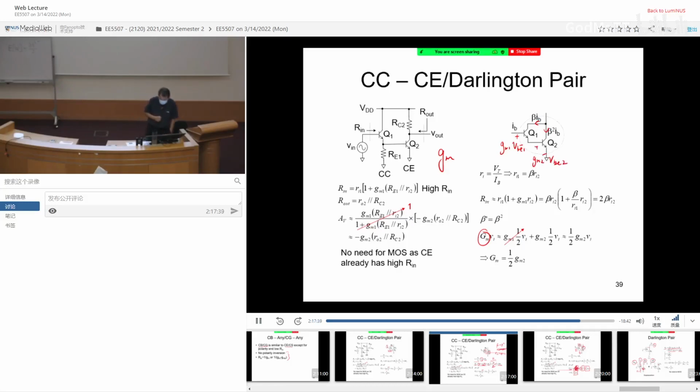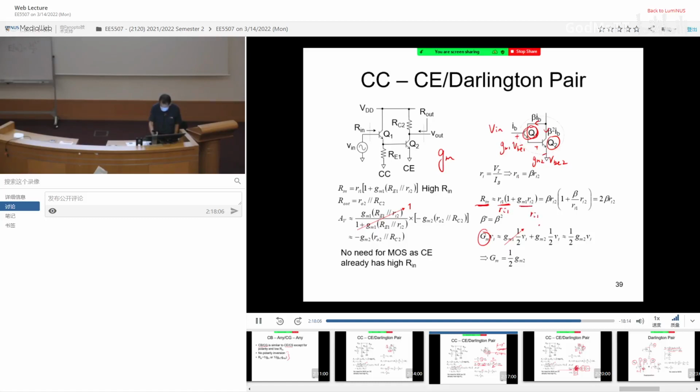But what we observe is that when you have Vin, this Vin will split equally between Q1 and Q2. How do I know that? Because you already noticed your input resistance is given by Ri1, which is due to Q1. How about this guy?